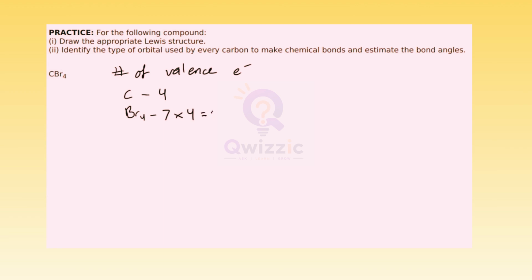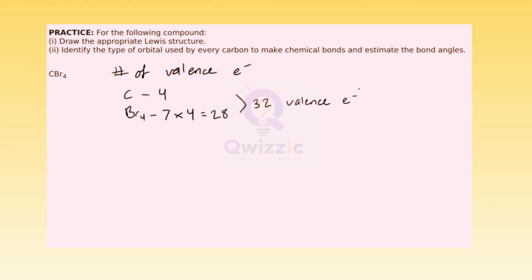That equals 28, and 28 plus 4 is going to equal 32 valence electrons. So we have 32 electrons to work with here.